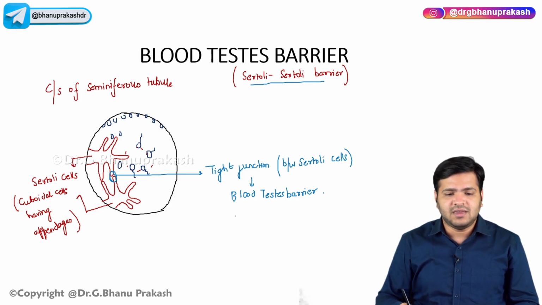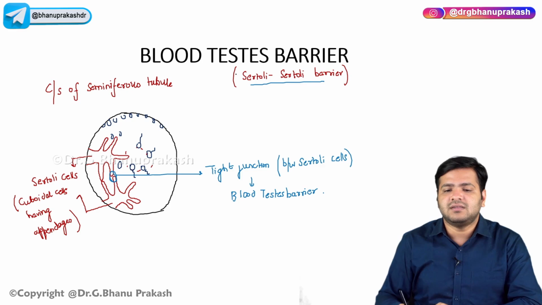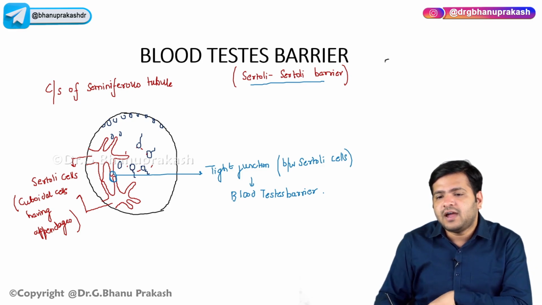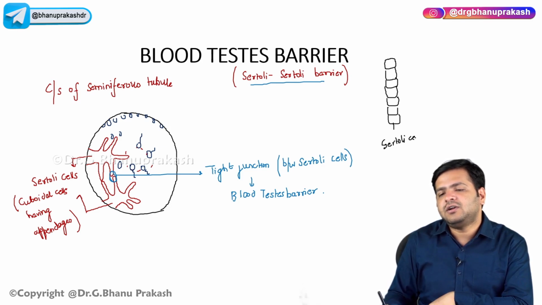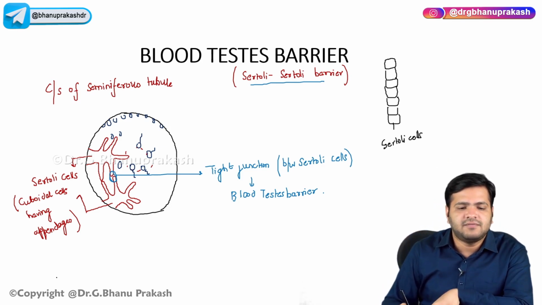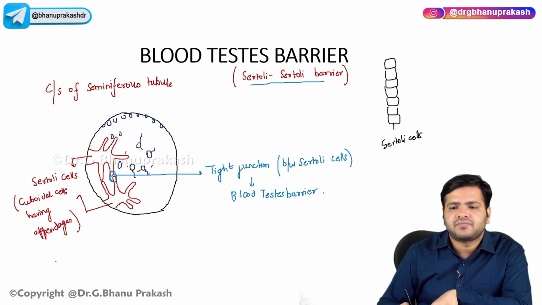If I want to draw some other image for you, let us see over here. Let us suppose these cuboidal cells are the Sertoli cells, forming the tight junctions. Inner to the Sertoli cells, we have the various germ cells in the various stages of development.